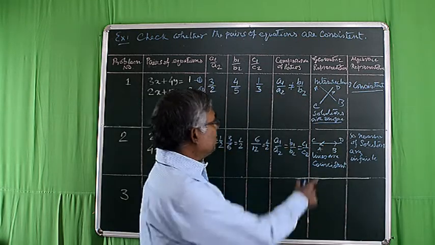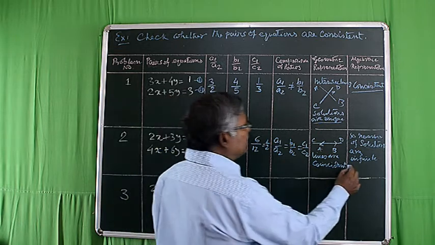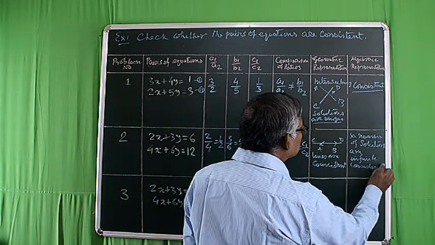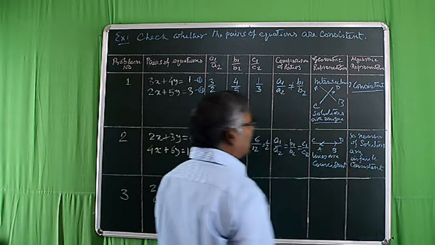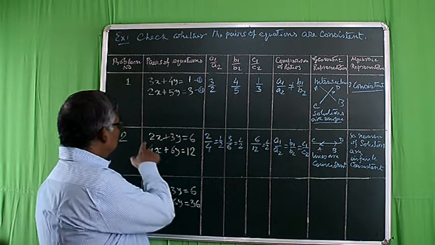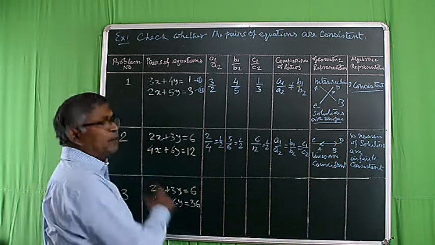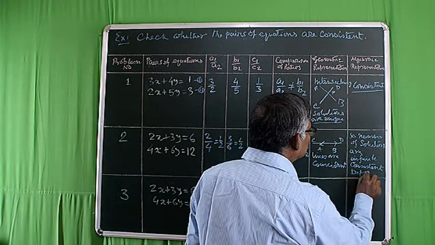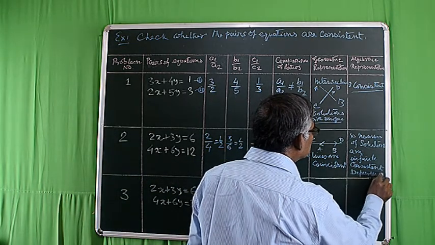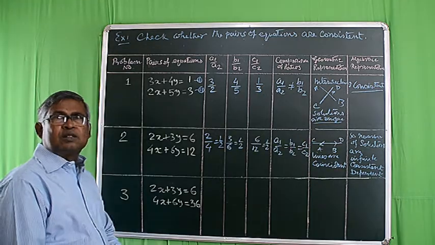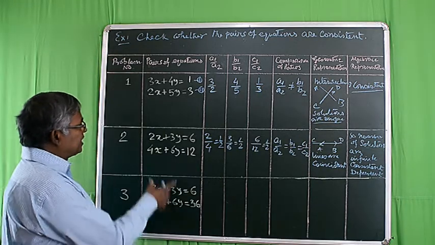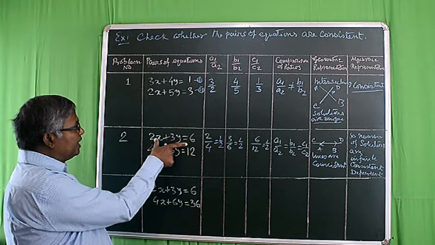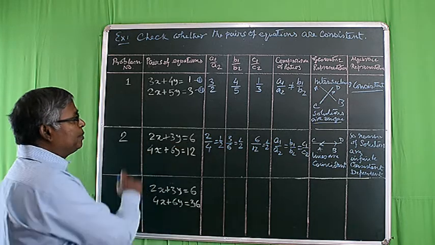Hence, the system of equations is consistent. And we say these equations are dependent. Students, here see the second equation is derived from the first by multiplying by 2. Hence, the equations are dependent.